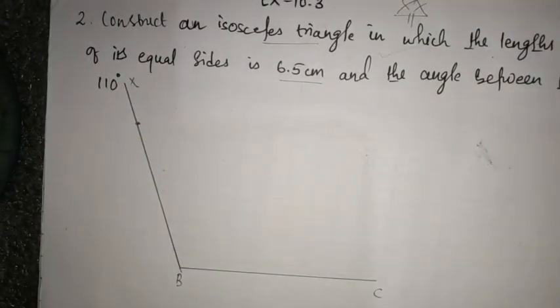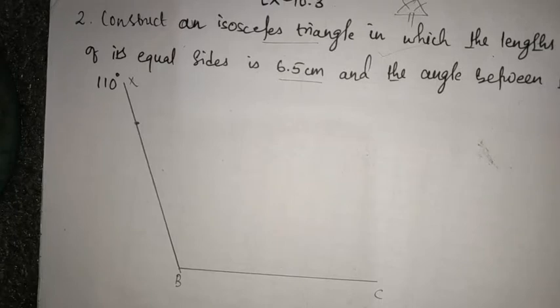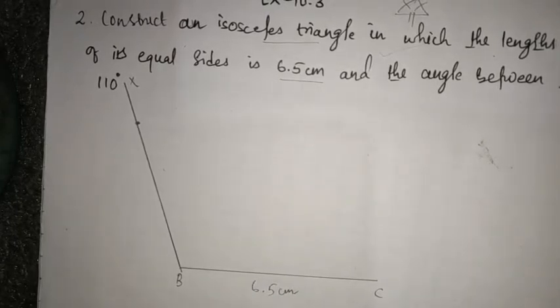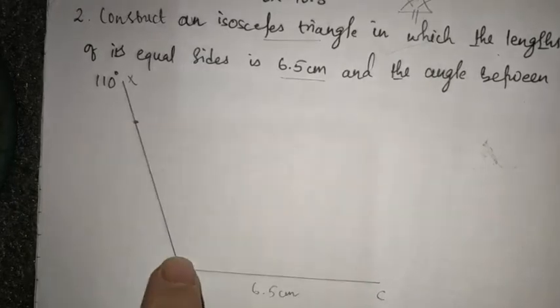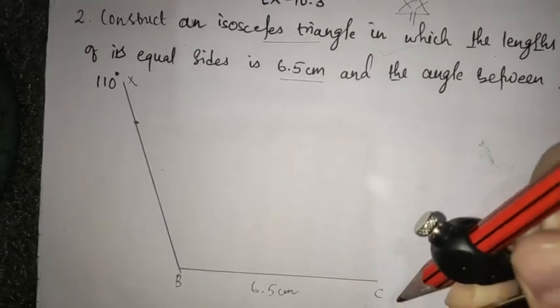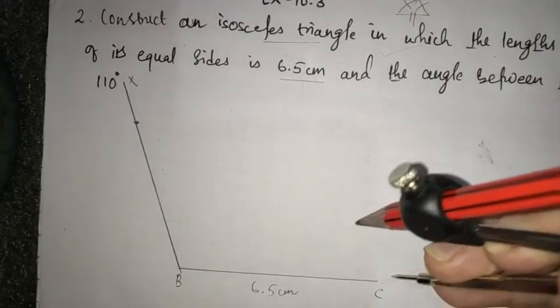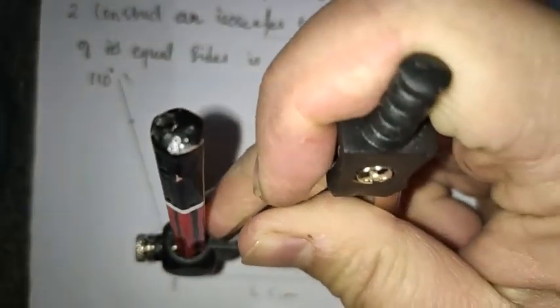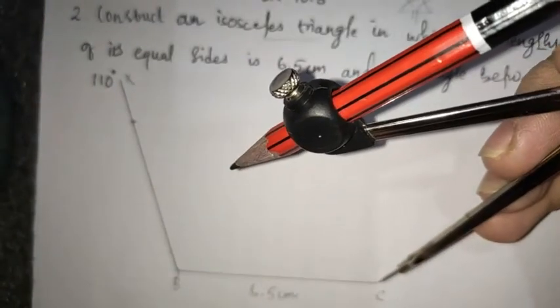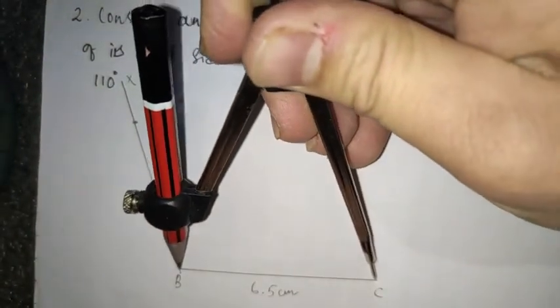Now let me write the measurement here. It is 6.5 centimeter and here also we have to choose 6.5 centimeter. From here only I'll be choosing. This will help me. So this is 6.5 here. Just see, BC is 6.5.